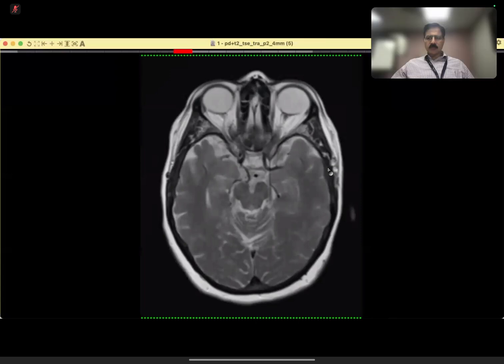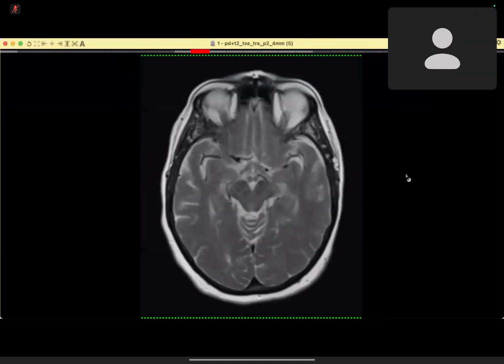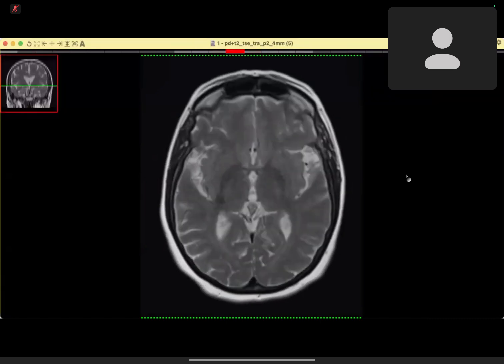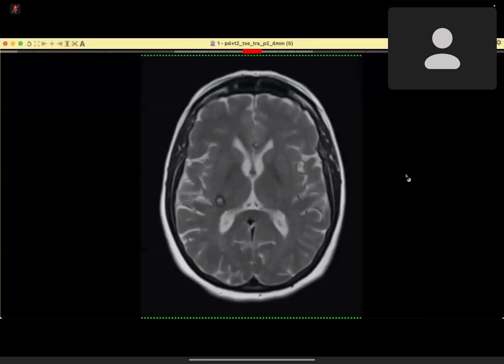Yeah. This is a T2 sequence brain MRI for the same patient. In the location of the previously seen lesion, I can see a hypointense T2 layer of hemosiderin with a hyperintense lesion, which confirms my diagnosis of cavernoma.